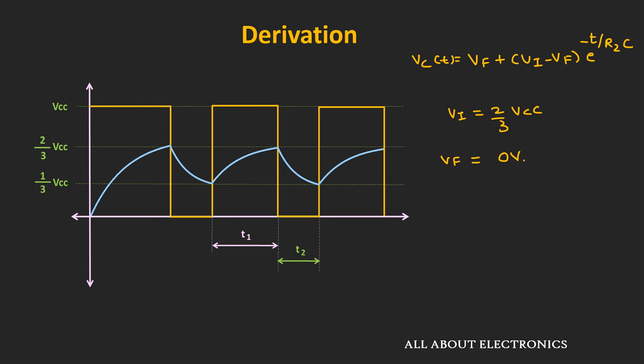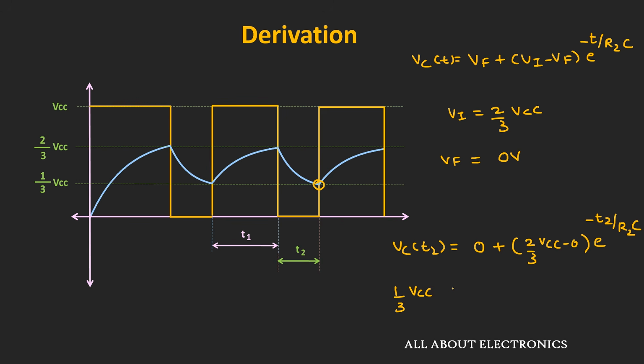And we want to find the time T2 whenever the voltage across the capacitor just reaches this 1 by 3 VCC voltage. So considering all this, we can write this expression as Vc of T2 will be equal to 0 plus 2 by 3 VCC minus 0 times e to the power of minus T2 divided by R2 times C. And the value of this Vc of T2 is equal to 1 by 3 VCC voltage.